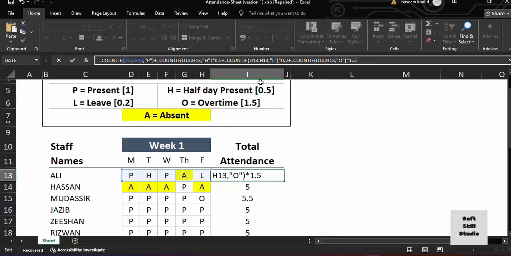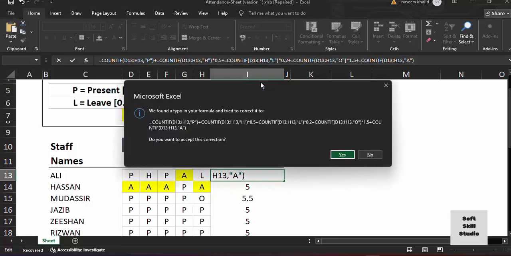Then again plus, and again this formula, and here I can write A. So again enter.